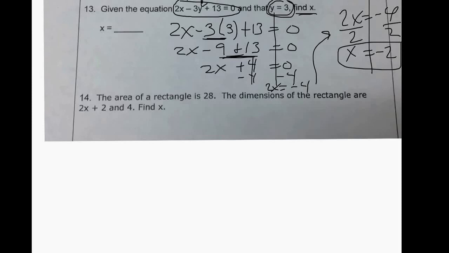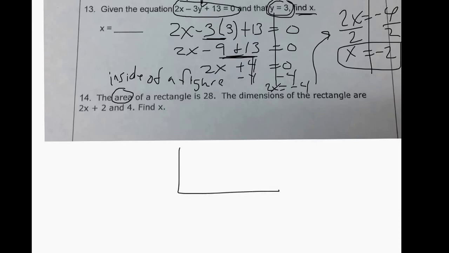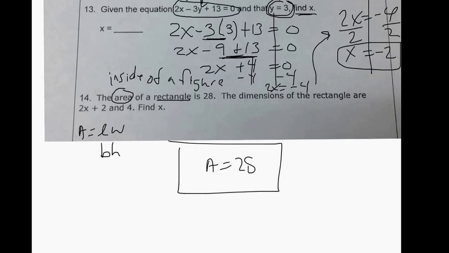Number 14 is a geometry application of this. Area is the inside of a figure. So I'm going to draw my rectangle. Area of a rectangle is found either by doing length times width or base times height. I know that my area is 28.